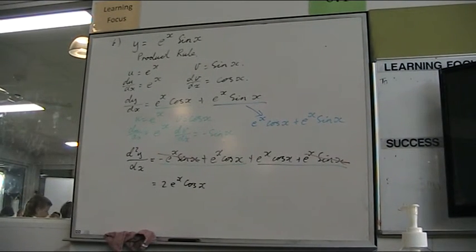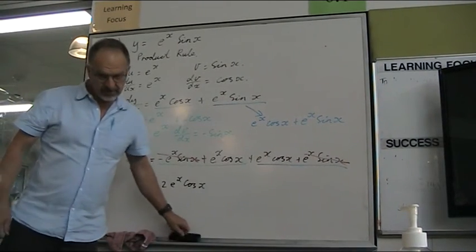Alright. So a bit more involved, a bit more looking around there, but the processes and techniques we used are ones we've used before when we were just differentiating the first time.